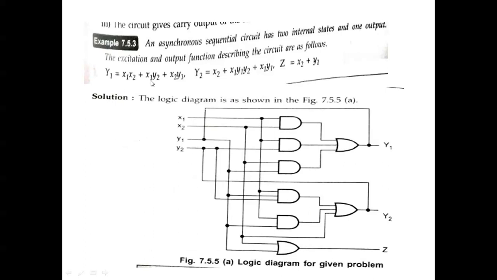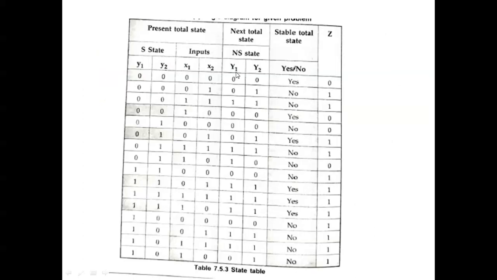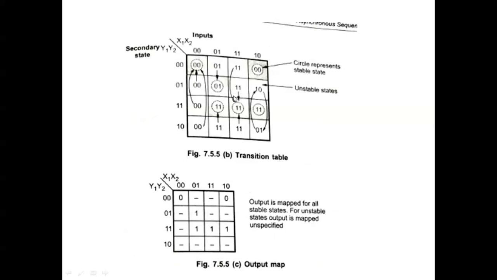Okay. So similarly, another example, there are three equations here. Just draw the diagram, it is easy. Just draw the diagram and put the state table. So input is given, then the next state, whether it is stable or not. And then the transition table.